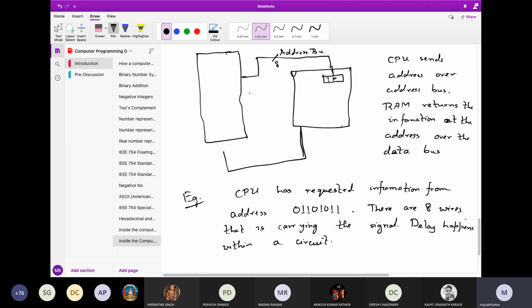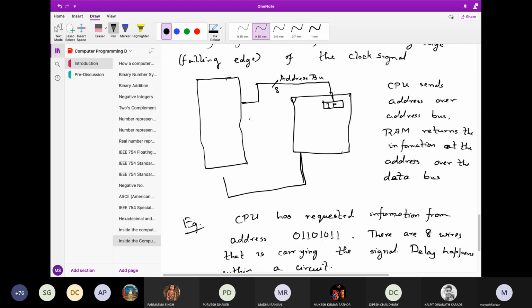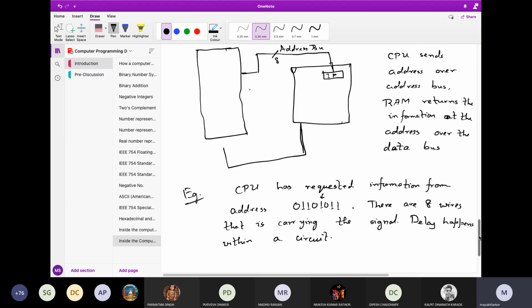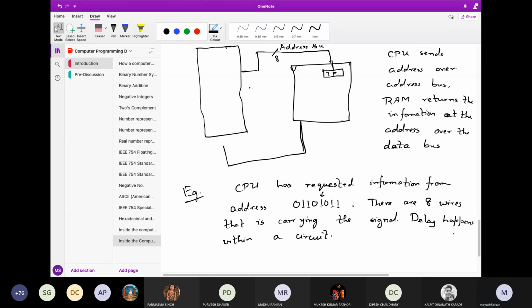Now, what if, among these 5 bits, the delay is on this line? So, what address will the memory see? Anyone? If there is a delay on this line, this signal will reach later.